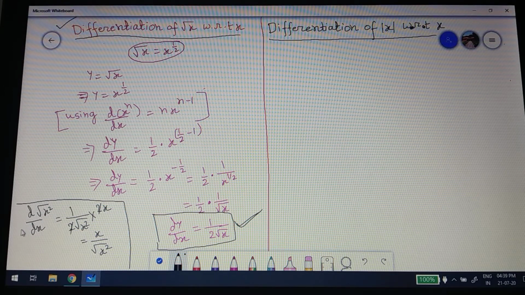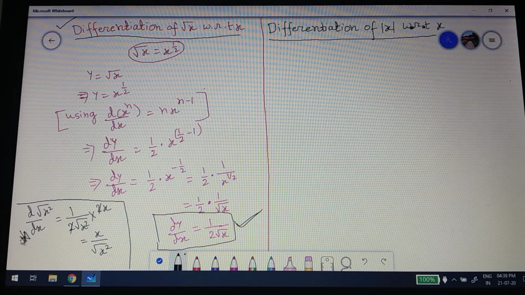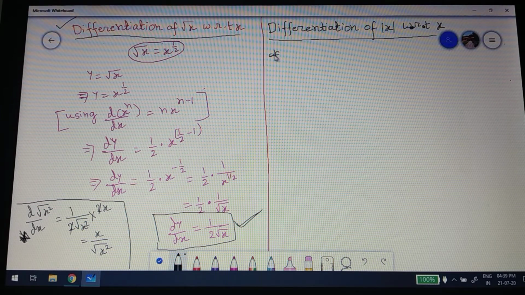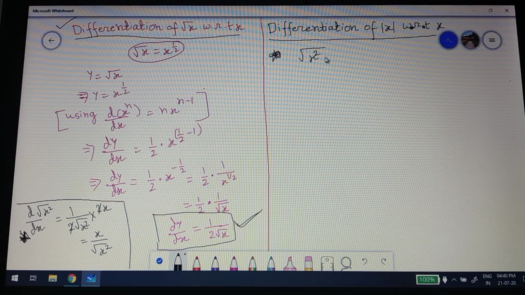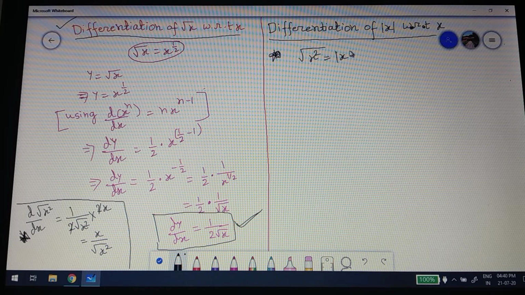Now this particular concept will be used here for calculating differentiation of mod x. All of you know root over x square equal to mod x.